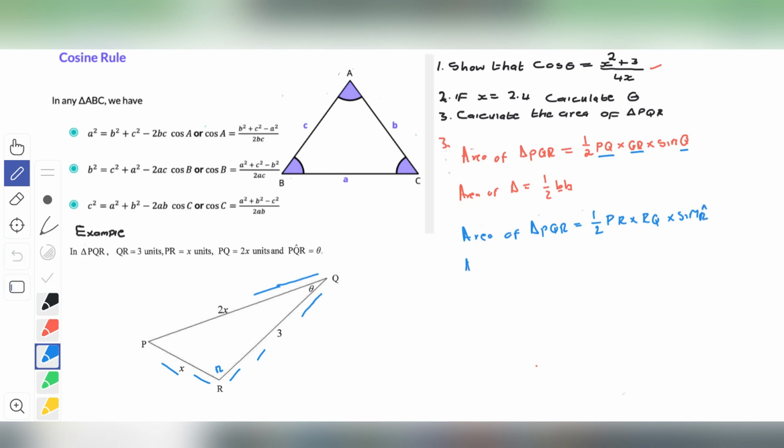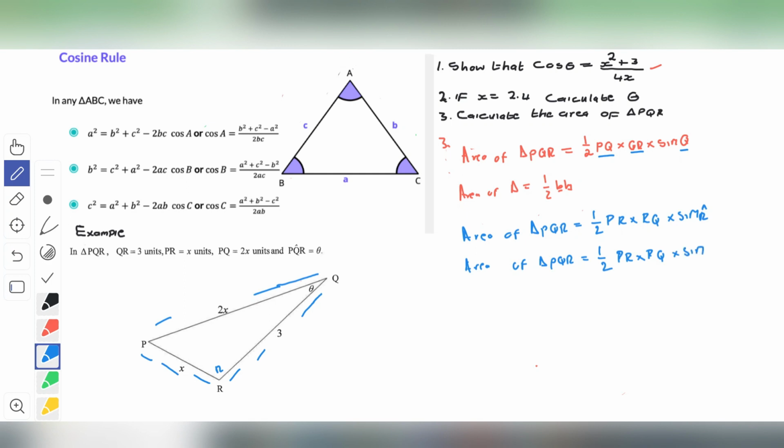And the last one, we're going to have the area of triangle PQR, which is equal to 1 all over 2, and then we can use PR, which is here, right, guys, and PQ. Therefore, we multiply by sine.